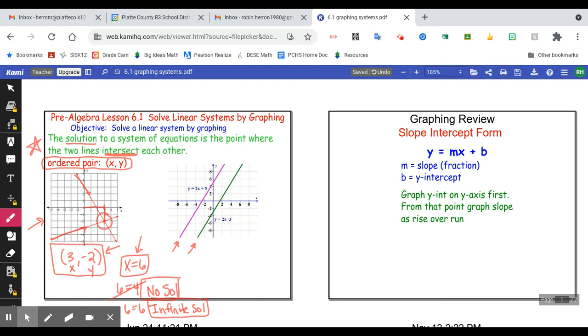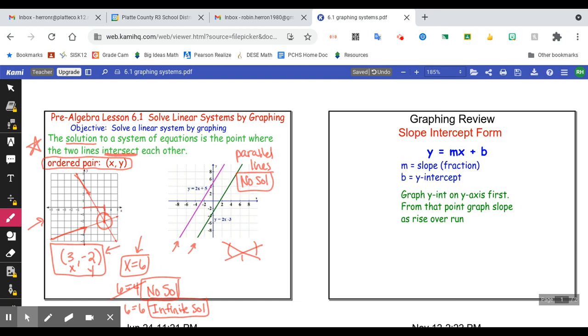So if they never intersect, we can't ever write down an ordered pair for their answer because they don't have one. In this case, parallel lines give us no solution. Okay? Because they're never going to intersect, which means we're never going to have that ordered pair that we need.